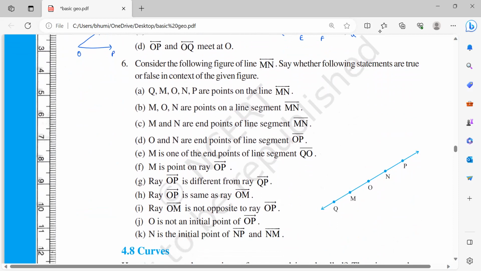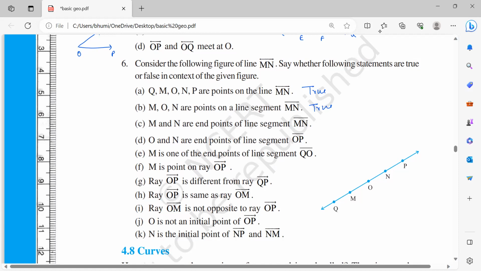Is this true or false? It is true, because when we extend it, this is a line, not a line segment. So it is true. M, O, N are points on the line segment, true. O and N are endpoints of the line segment OP. It is a line segment now, right?